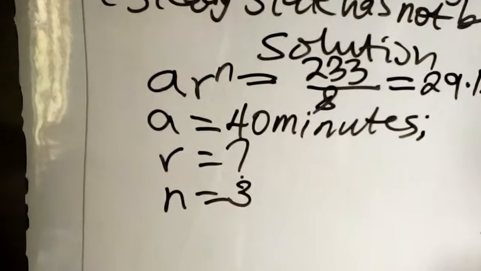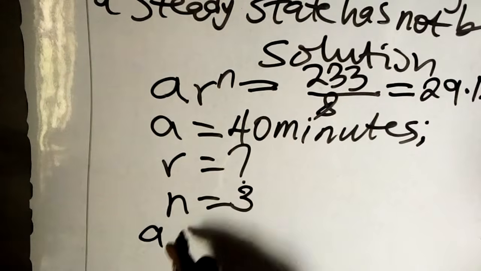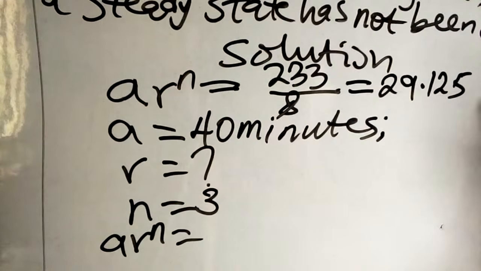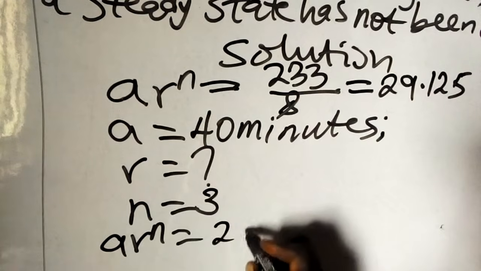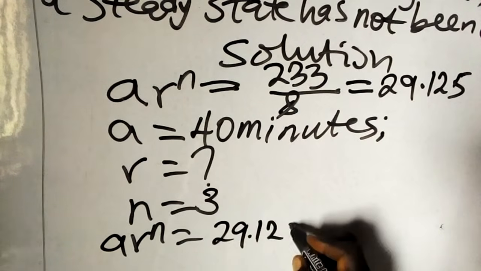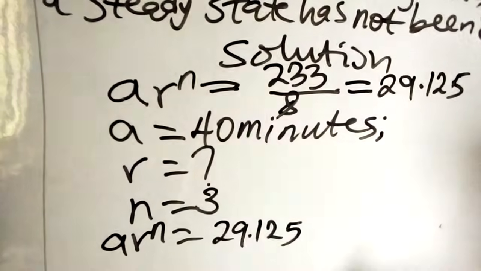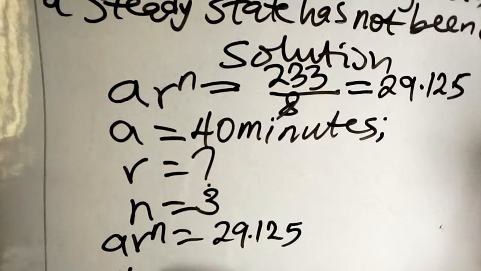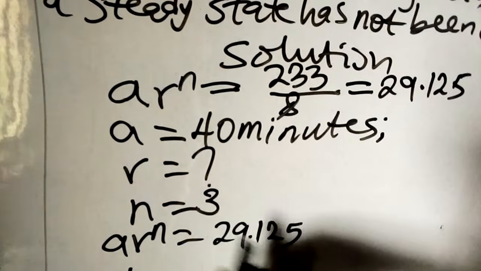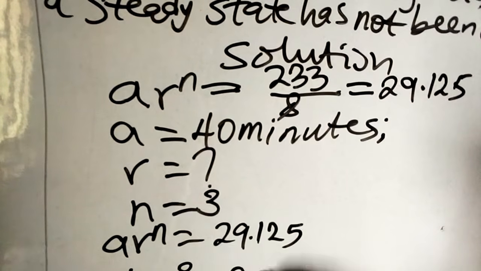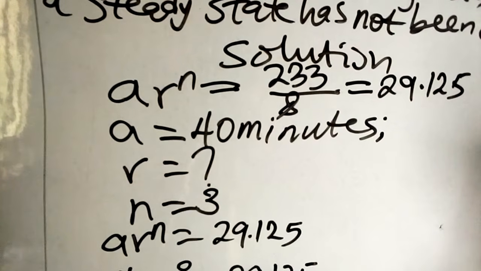A R raised to power n equals 29.125, where A is 40. So that means we have 40 R raised to power n. N is 3. So we have 40 R raised to power 3 equals 29.125. So you divide both sides by 40.